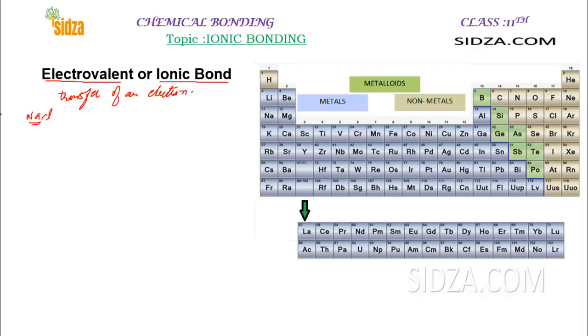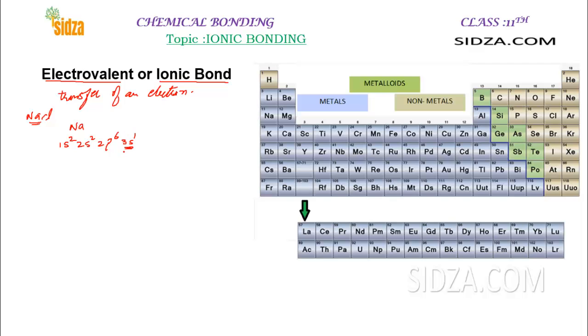And here, what happens? Sodium, with the atomic number 11, has the electronic configuration 1s2, 2s2, 2p6, and 3s1. Now sodium has 1 electron in the valence shell.